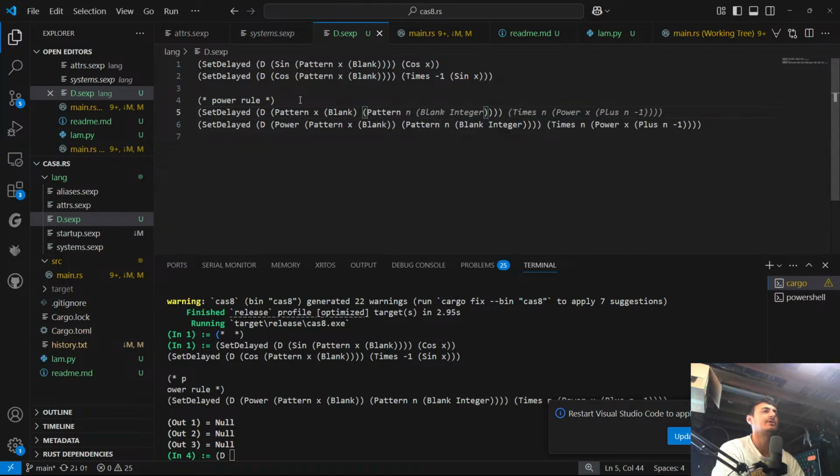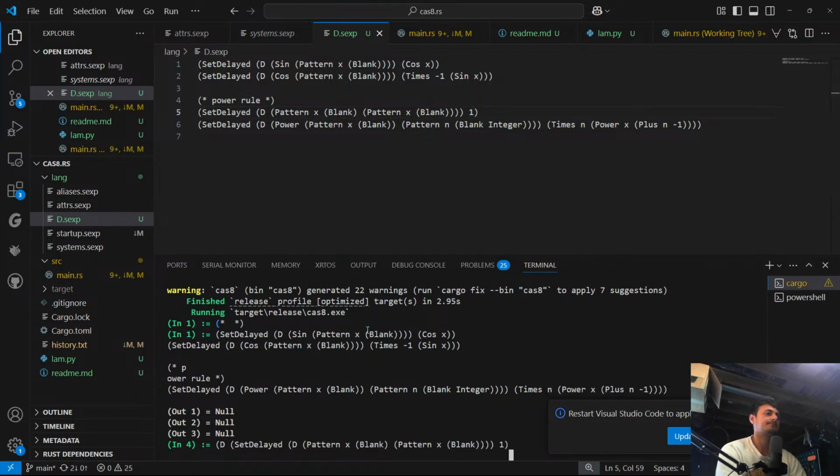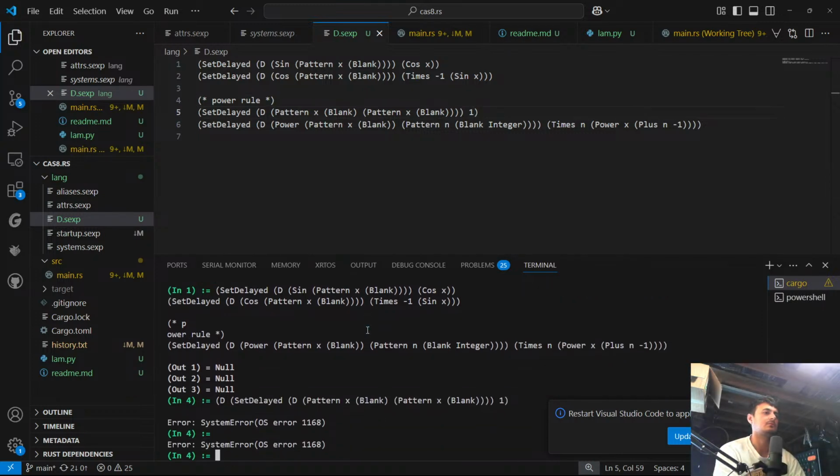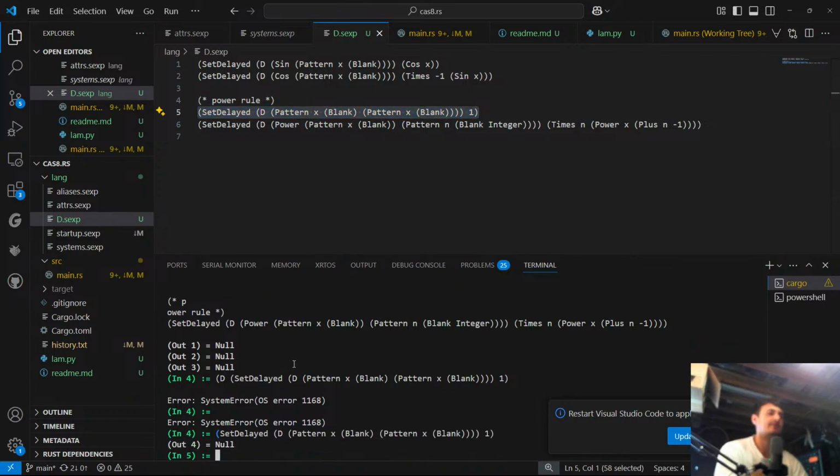We're doing only first derivatives. I don't want to handle the list case of second derivatives, but we could just as well do that. Pattern X blank. Okay, is this right? This is so hard to read. I think we just want to set this to 1, right? Oh, whoa, that was weird. OS error? I've never seen that before, ever.